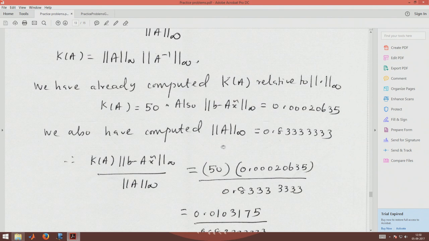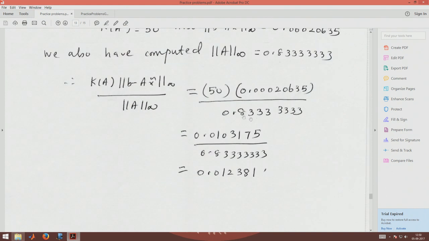It turned out to be 50 and now we have computed what is the residual, namely norm B minus Ax tilde with respect to infinity norm and that is 0.0020635. And we also have computed norm A with respect to infinity norm which is this. So, we simply have to substitute these values which appear on the left hand side, namely these, and then simplify and that gives you the value of this, namely condition number multiplied by norm of the residual by norm A infinity to be equal to this.